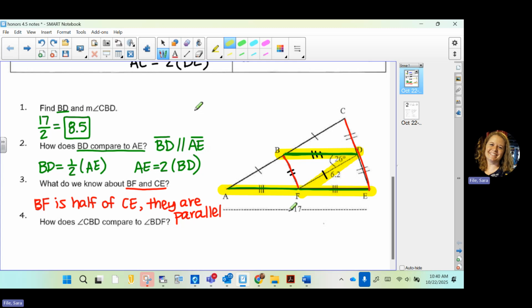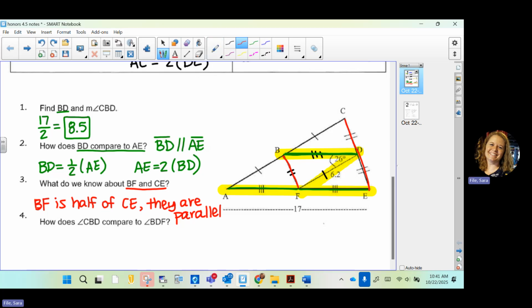So what other angle here would be 26 if this one is? In what I'm focusing on right now, look, DFE. I'm going to label that.